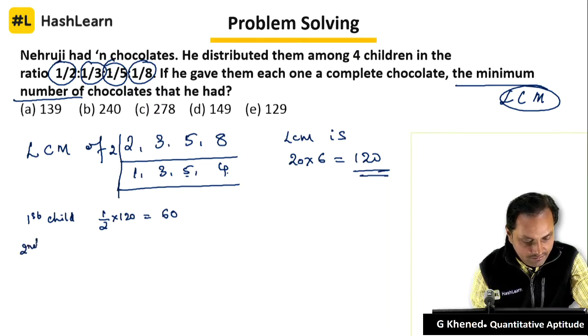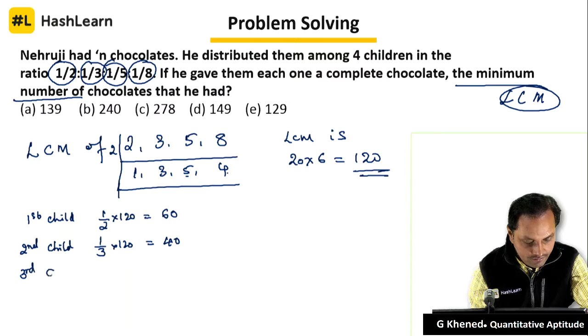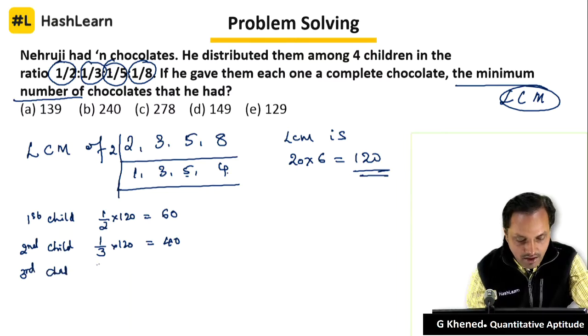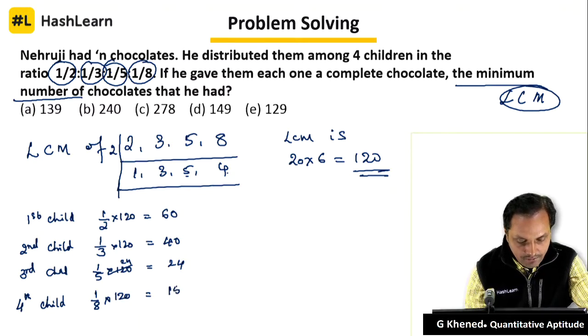The second child will have 1/3 of 120 chocolates. This is 40, and the third child is 1/5 into 120. So that will be 5 2s are 10, 5 4s are 20, and the fourth one will have 1/8. That will be equal to 15.